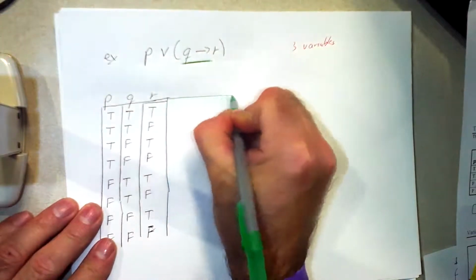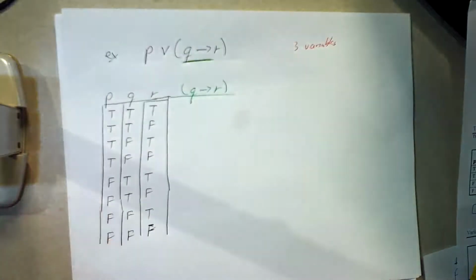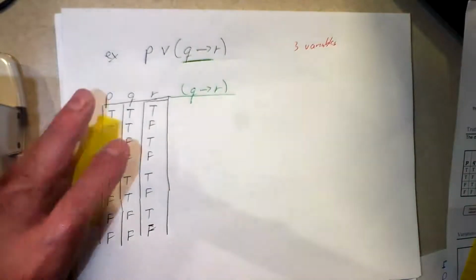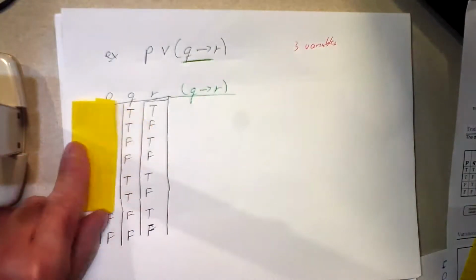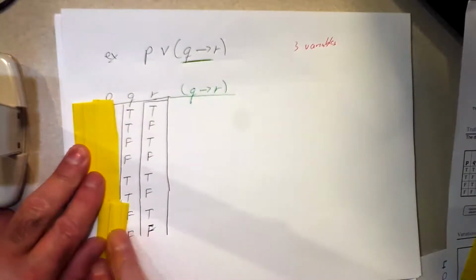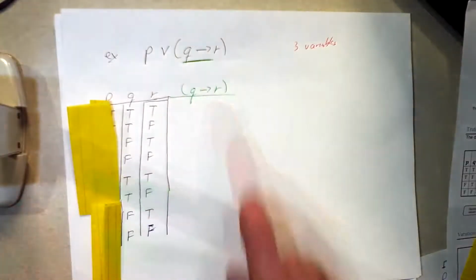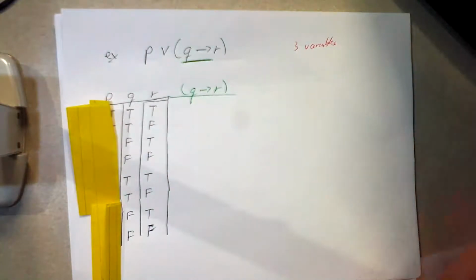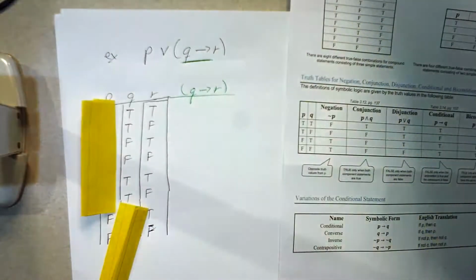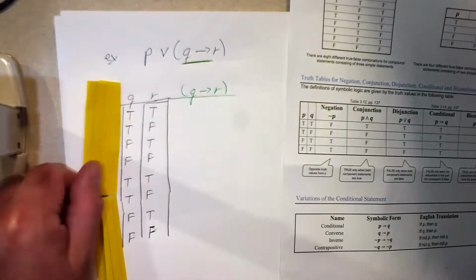Okay, so I'm going to do Q arrow R. I'm going to cover up my P column. I don't need the P column. And so I need to find the connector for Q arrow R. I'm going to go to my table and find the conditional connector. Right?